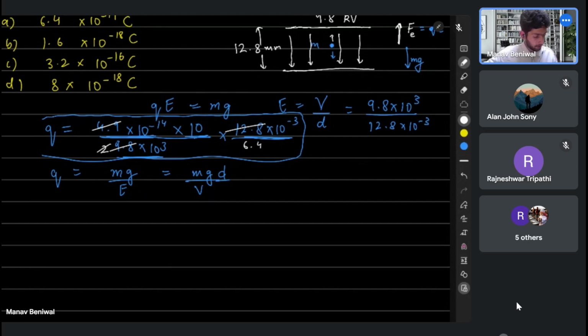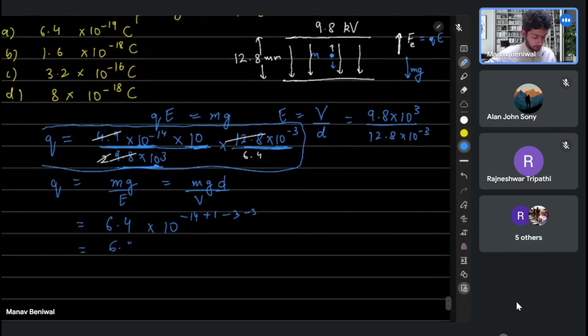So your q will be 6.4, and if you count the powers of 10, this is minus 14 this term, plus 1 this term, minus 3 last term, and minus 3 this term. So this will be 6.4 into 10 to the power minus 19 coulombs. Option A.